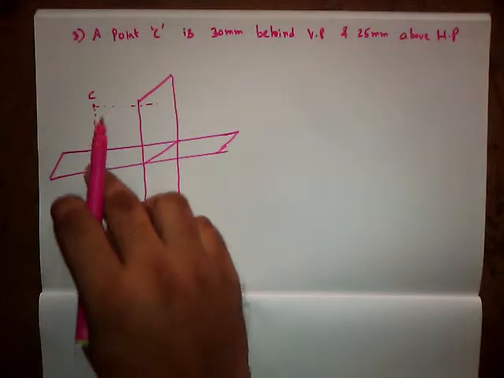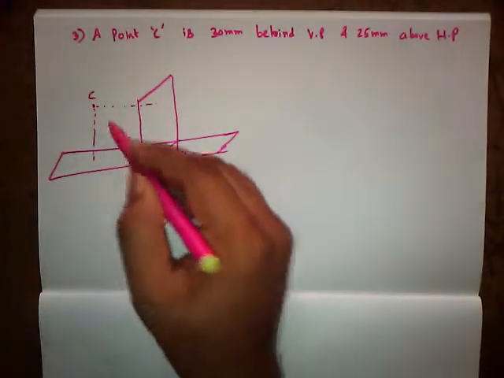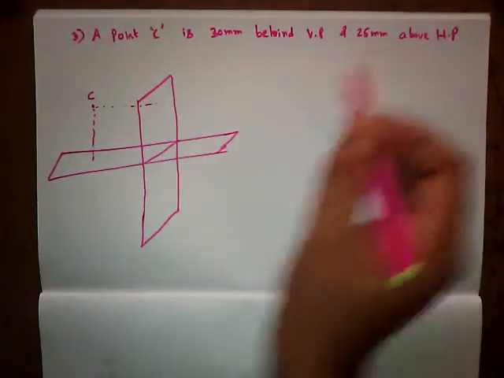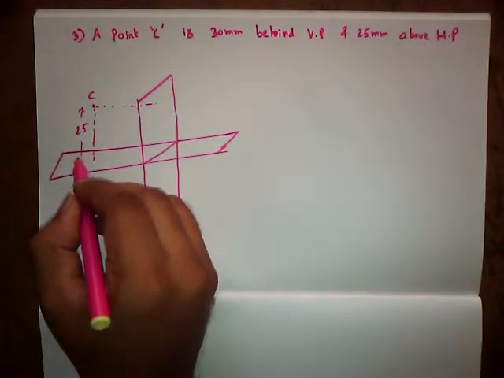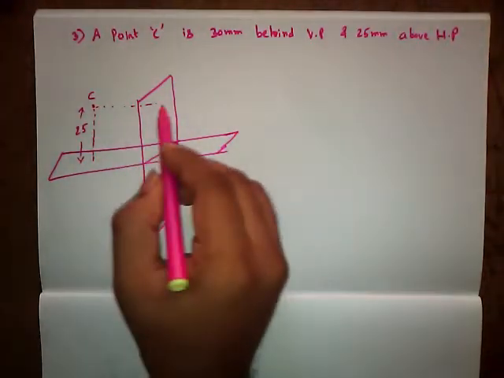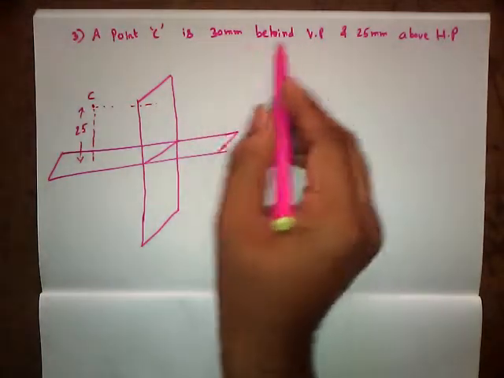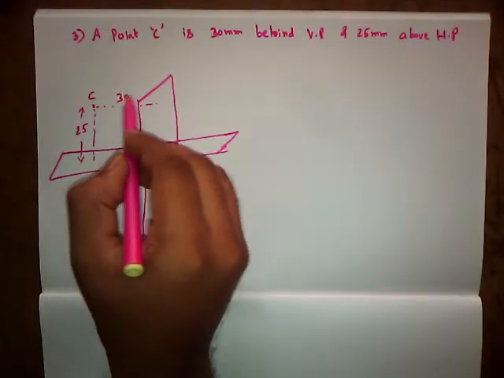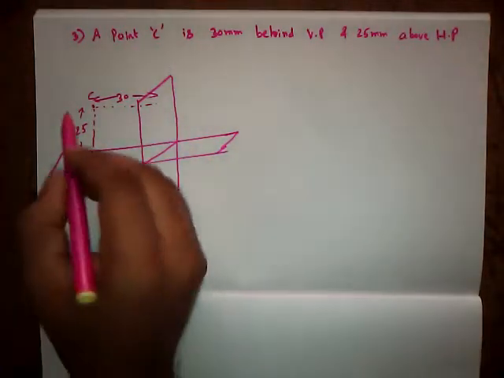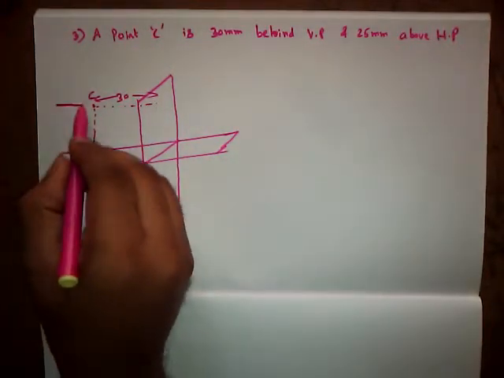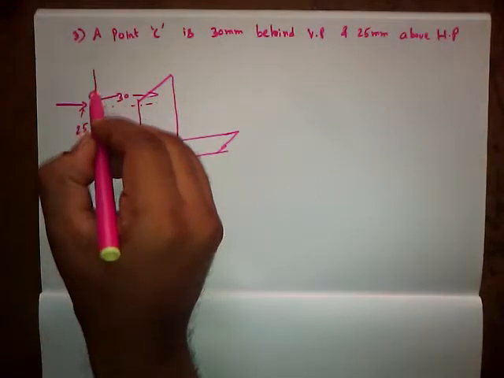Okay, so this distance is from HP. What is the distance from HP we have? 25 mm. So this is going to be 25 mm, and this distance is from VP, so the VP distance is 30 mm. Now we need to view the point in a horizontal way and in a vertical way.